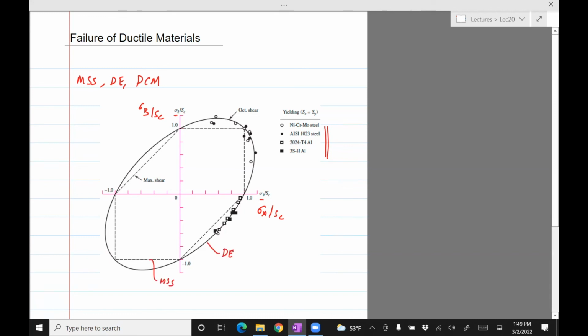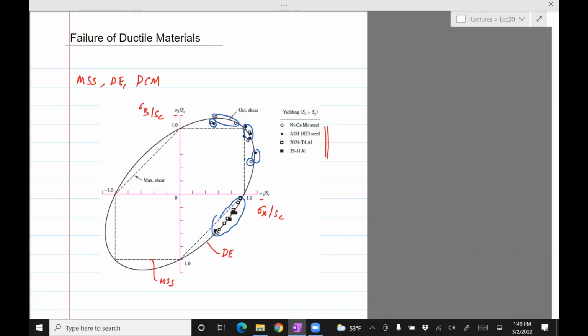And what you notice is that a lot of these points actually lie on the DE contours. This point is sort of inside, so it's encompassed. This says that the distortion energy theory is a better predictor for failure for those materials which lie on that curve. So DE is better than MSS.